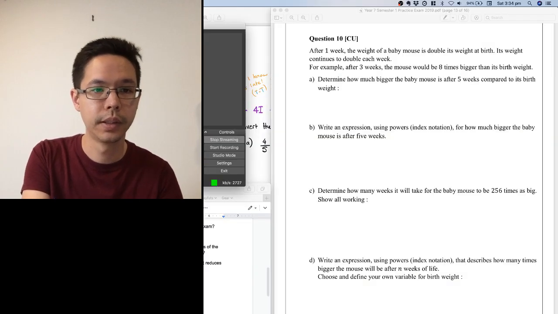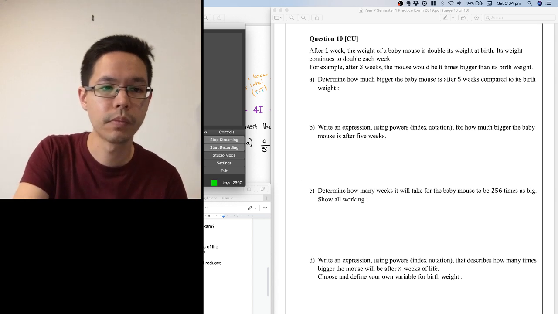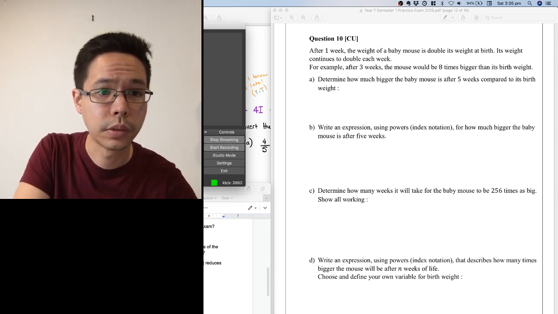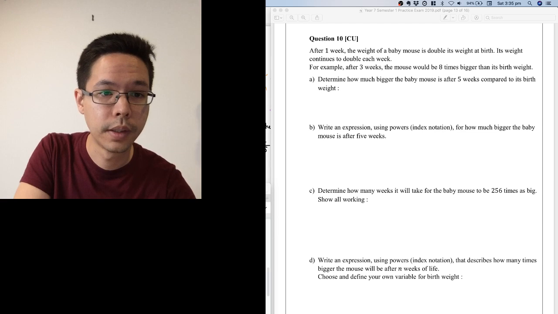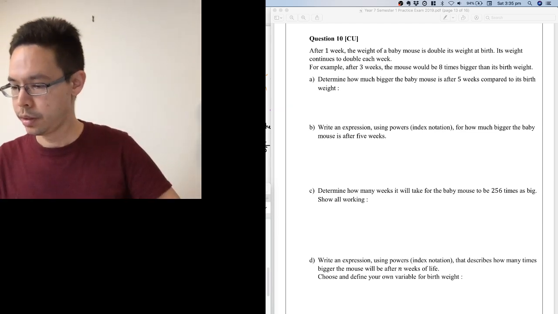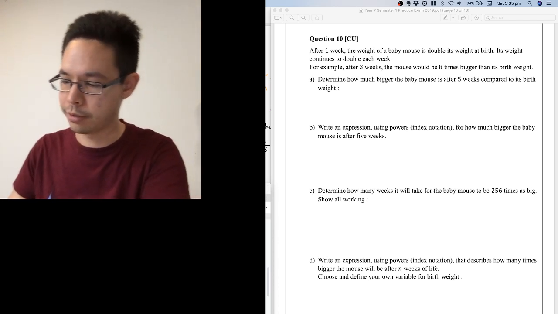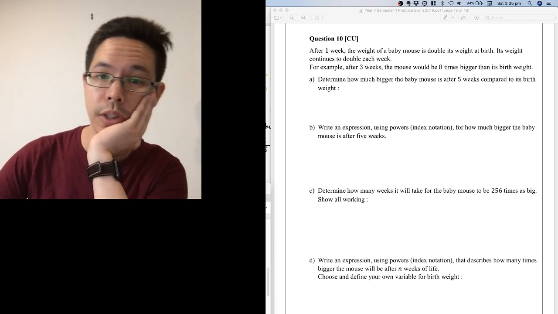Let's see. Is this the question that you're referring to? I'll resize my window there a bit. Yes? Okay. Fingers crossed I can solve this live, because I haven't actually looked at this question before.